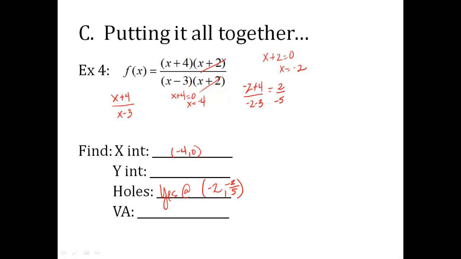Remember, for your y-intercept, you're going to put a 0 in everywhere there's an x, so that's going to give me 0 plus 4 over 0 minus 3. Reduce that, you get negative 4/3. So my y-intercept is 0, negative 4/3. And lastly, vertical asymptote. What factors are left in the bottom? I set those equal to 0. There's only one, so there's only one vertical asymptote. It's just x equals 3.